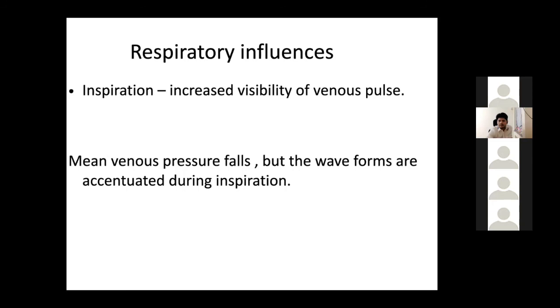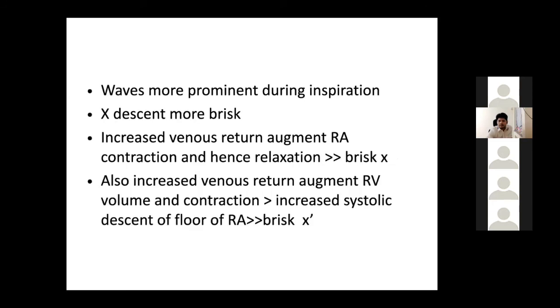It is the A wave and the X descent which become more prominent on inspiration. The X becomes very brisk because increased venous return augments RA contraction and hence relaxation, so it causes a brisk X descent. Also the increased venous return augments the RV volume and contraction and causes an increased systolic descent of the floor of the RA, which causes a brisk X prime.